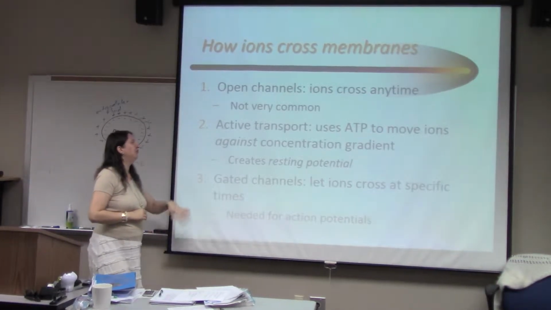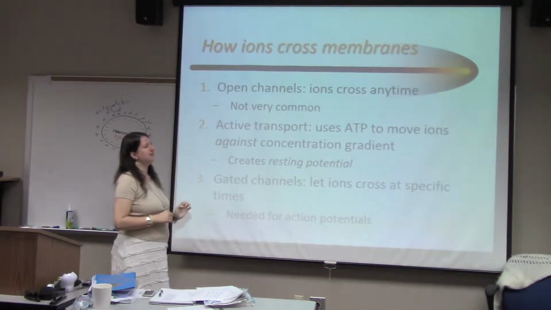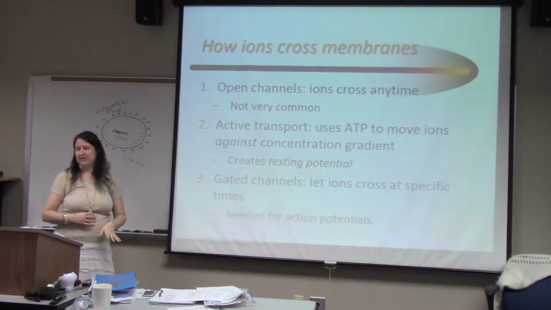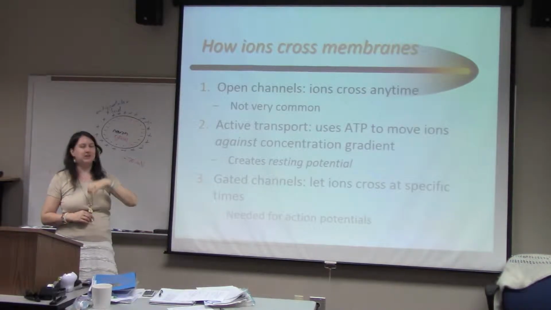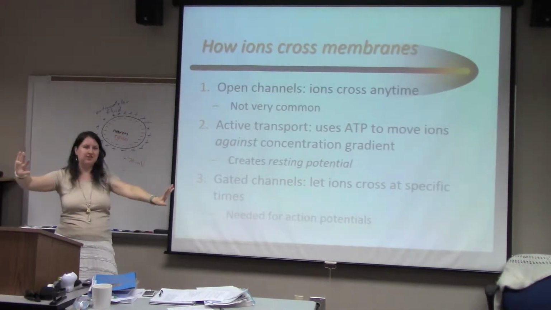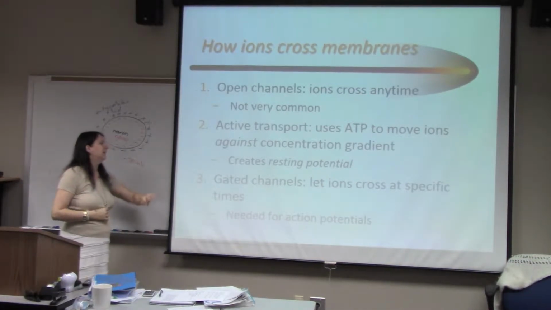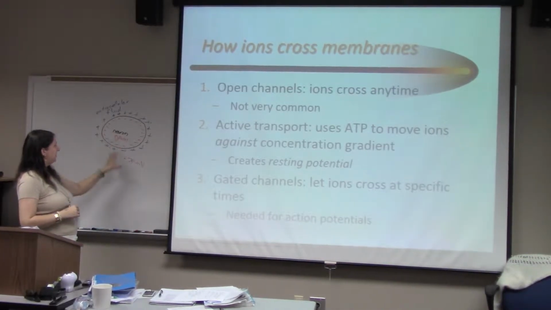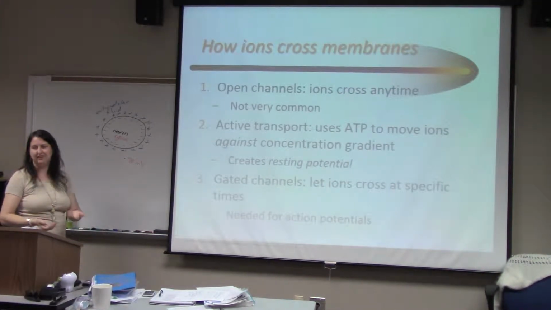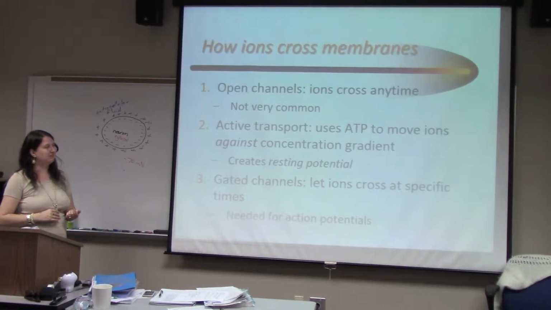If we want to move ions against their concentration gradient, we need active transport. If you remember this from chapter 3, this is where you spend ATP to push ions against their concentration gradients. Active transport sets up this transmembrane potential, also called resting potential, the difference in charge when the neuron is at rest, not sending a message.